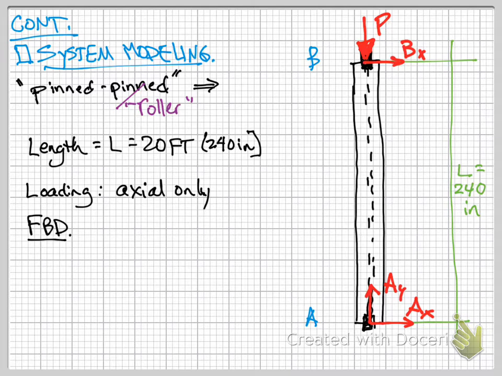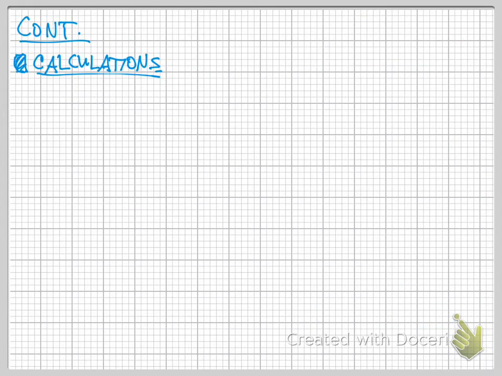Now, given that we know this is an axially loaded system only, we could do our analysis and find out that in fact our AX and our BX are 0, and so we can ignore them in the future. So we're going to move on and start doing our calculations. I'm going to make sure I annotate my work well.